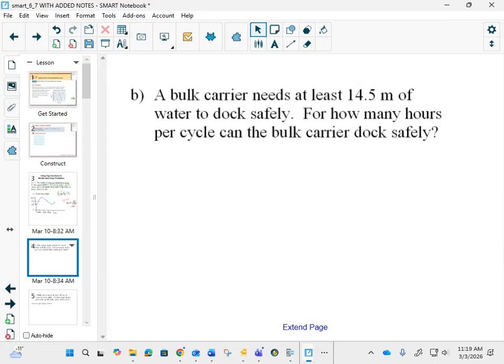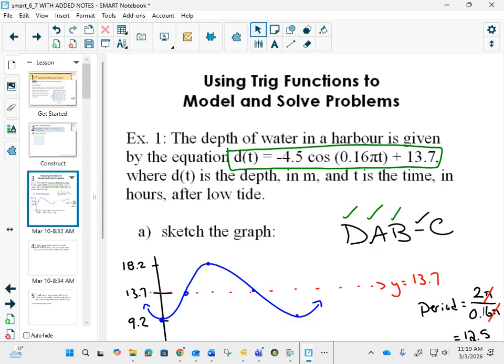So part B says this is a bulk carrier. This is a big ship. A big boat, a big ship needs at least 14.5 meters of water to dock safely. For how many hours per cycle can the bulk carrier dock safely? And I'm going to do, for those of you that are going on to AP Calculus, you're going to need to know how to use your calculator to solve this and how to do it algebraically.